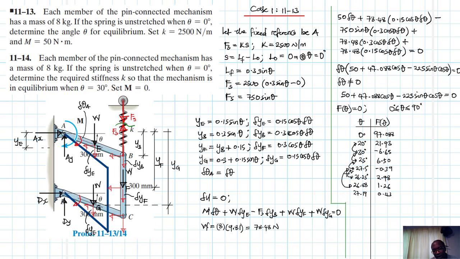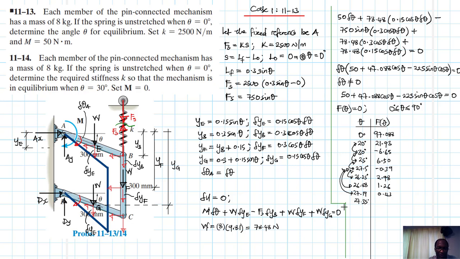Okay, so again the average of the two, these are the smallest values. So 27.19 plus 27.5, average of that is 27.35.